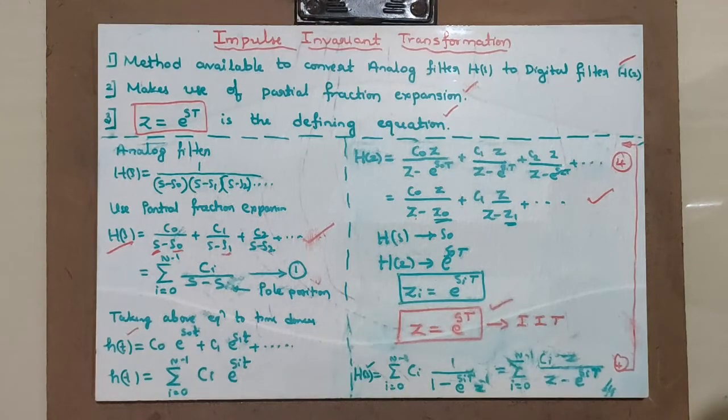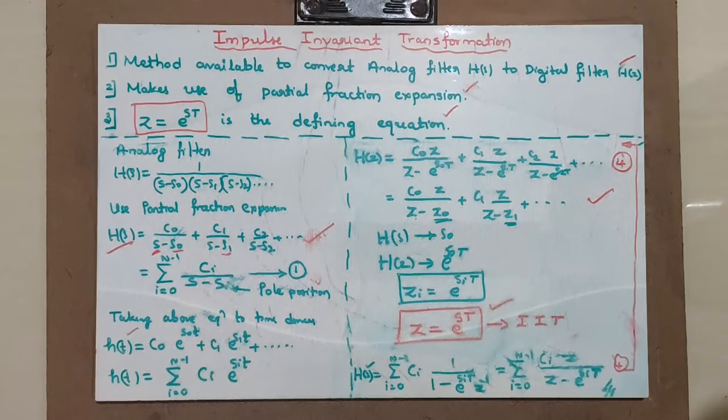And that sampled version, h of n, I took into H of z by applying the H of z equation, and then compared H of z with H of s. I got z is equal to e raised to st. Okay, this is the derivation of the relationship between z and s in case of impulse invariant transformation. If you are having any doubts, you can raise this in your group so that I can clarify it. Thank you.